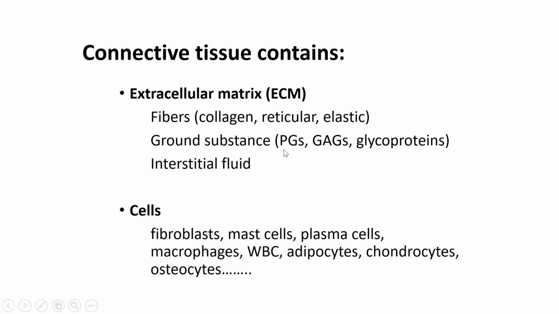It is made up of proteins and carbohydrates, and specifically the PGs here are proteoglycans, which are going to have a core protein with a bunch of glycosaminoglycans. It looks like a bottle brush. Then we have the GAGs, or glycosaminoglycans, and these are made up of repeating disaccharides, and they're mostly sulfated. So we're going to have a negative charge, which means if they're properly prepared, they will stain with hematoxylin. They're going to be basophilic.